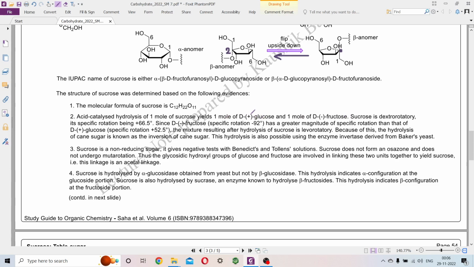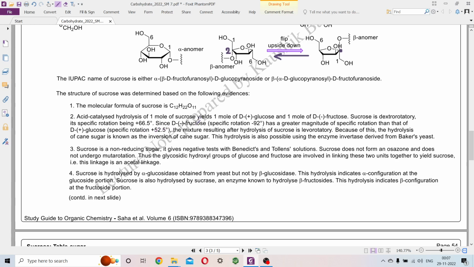But the dextrorotation of the glucose and the levorotation of the fructose, their specific rotations are not the same. D-minus-fructose has a higher levorotation, minus 92 degrees, compared to the dextrorotation of D-plus-glucose, which is only plus 52.5 degrees. As you know, this is the equilibrium value for D-plus-glucose, where the alpha and beta anomers have already equilibrated.